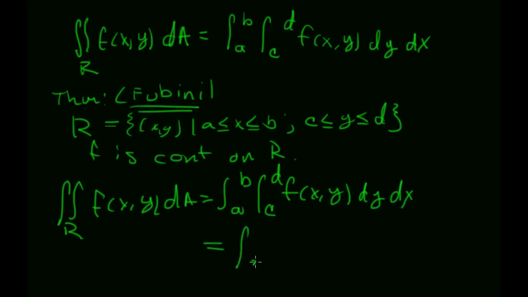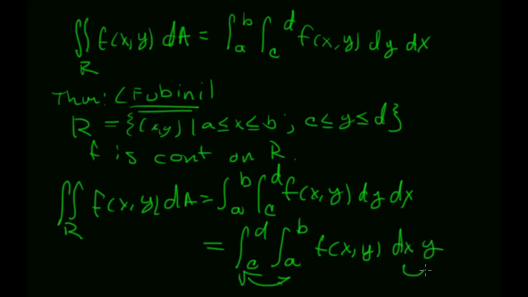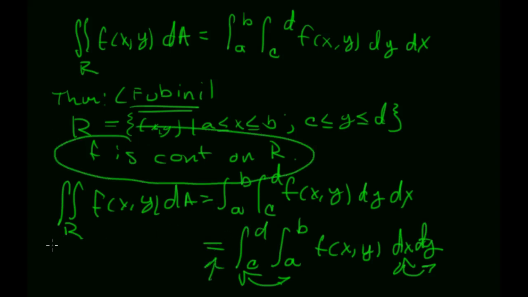And this is the same as c to d of a to b, f of x, y dx dy. So note, if I switch these, I have to switch the d's at the end as well. And if I do that, I have equivalence, so long as f is continuous over my surface area.